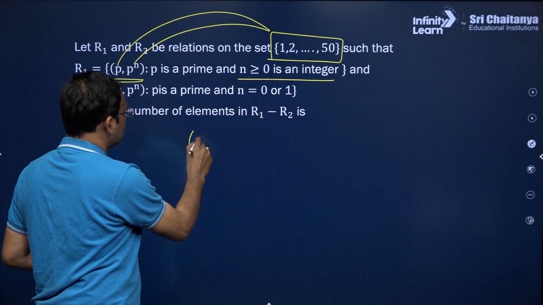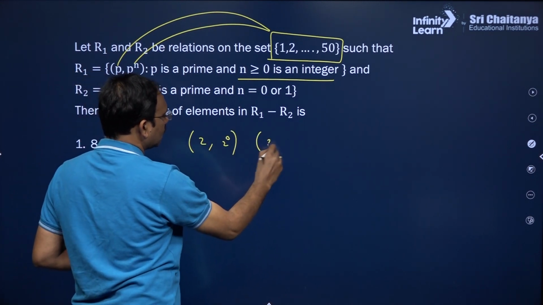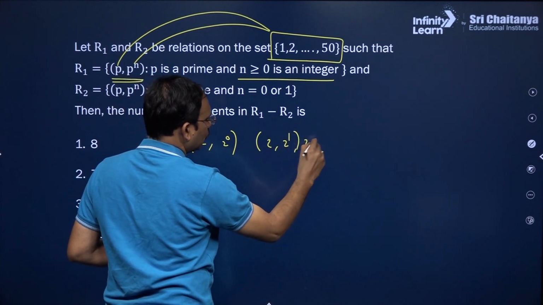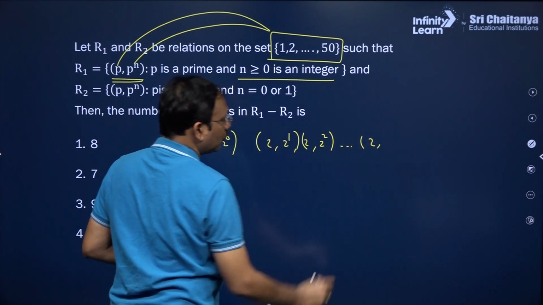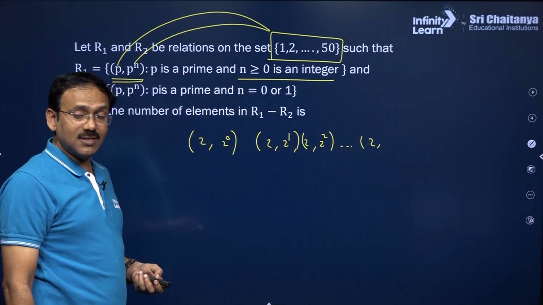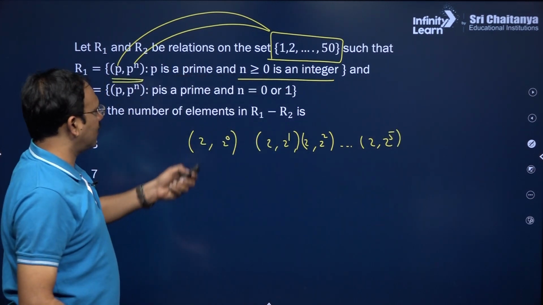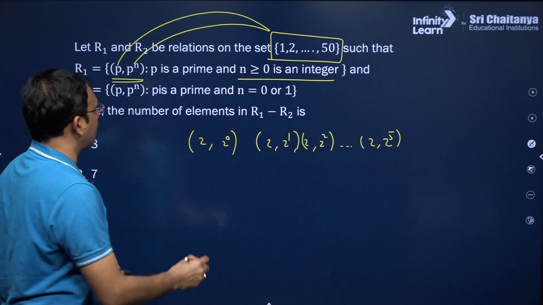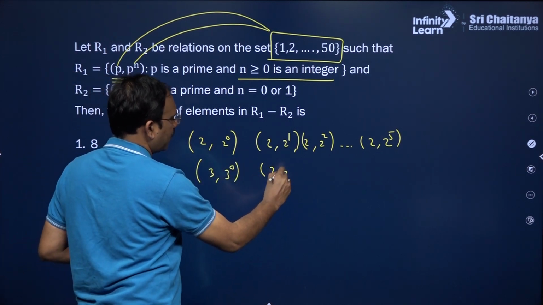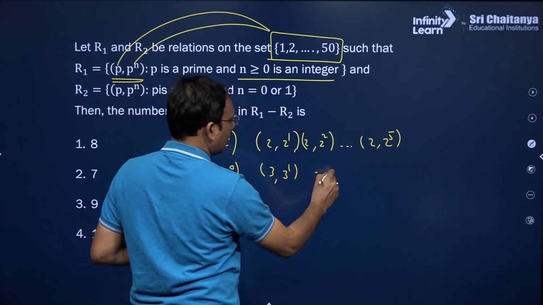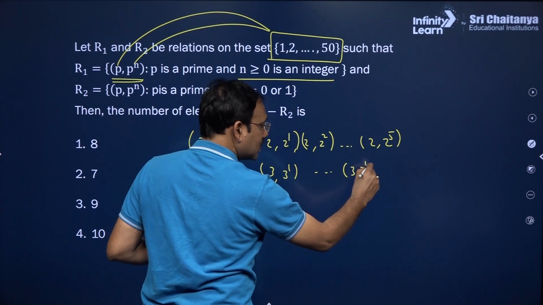So if you take p equal to 2, my dear friends, 2 power 0, 2 power 1, 2 square, like that I can go up to 2 power 5, since 2 power 6 is 64, we can take up to 2 power 5. All these elements are there in R1, and the next prime number is 3. So 3 power 0, 3 power 1 and so on. I can go to 3 cube is 27, 3 power 4 is 81.